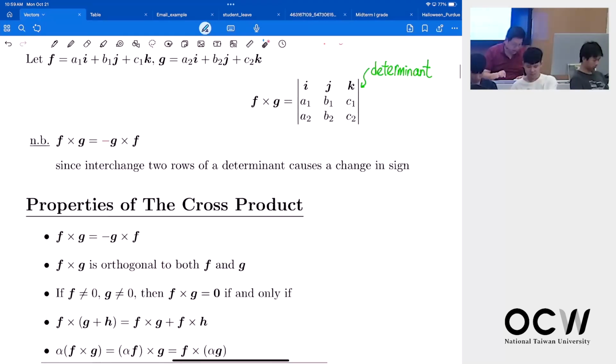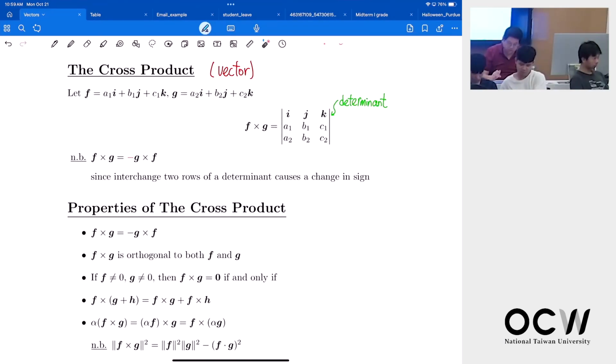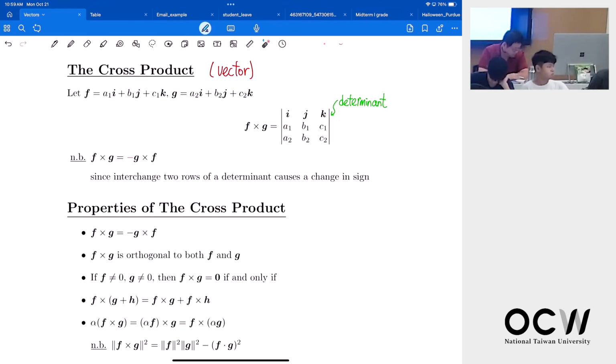Here are some properties of the cross product. The first is that if you switch the order, then it will cause a sign change. And the result is orthogonal to f and g.